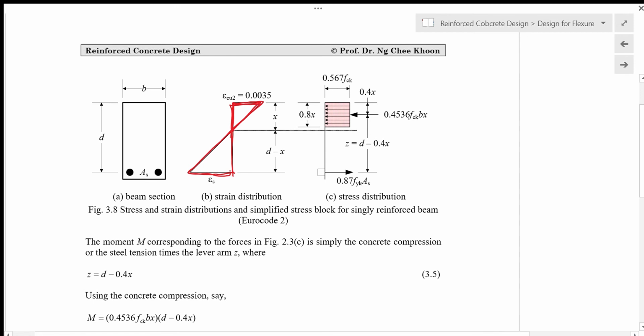So we can take epsilon cu over x is equal to epsilon s over d minus x.